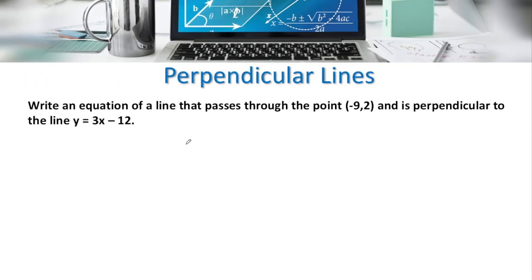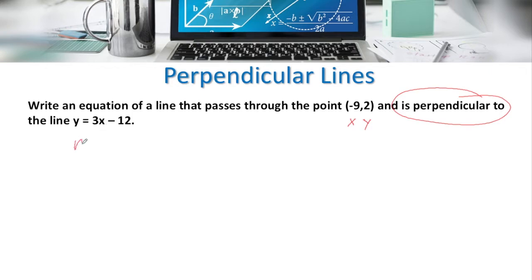So for this, let us write an equation of a line that passes through points negative 9 and 2 and is perpendicular to this line. So negative 9 is your x and y is 2. And this is the equation.